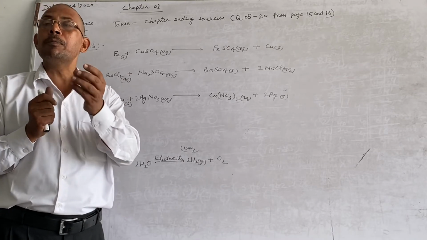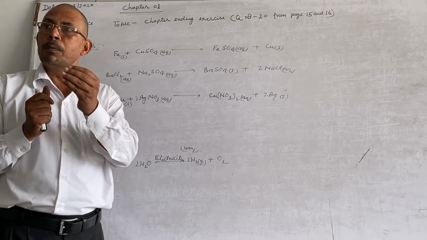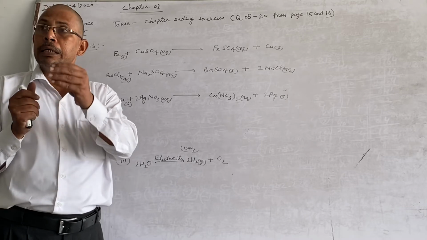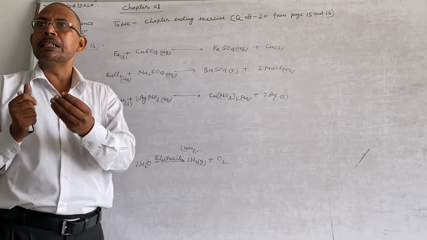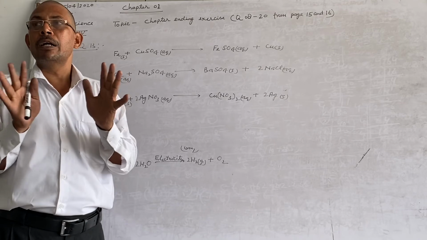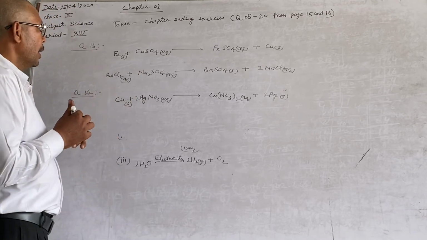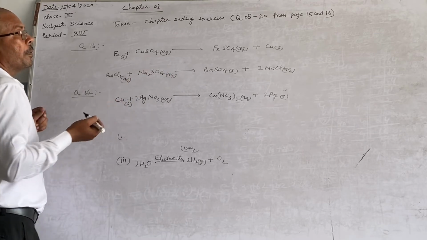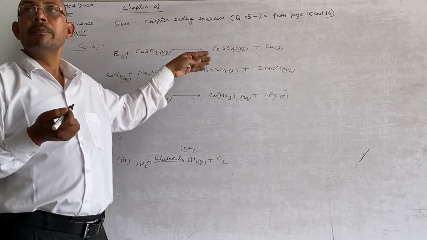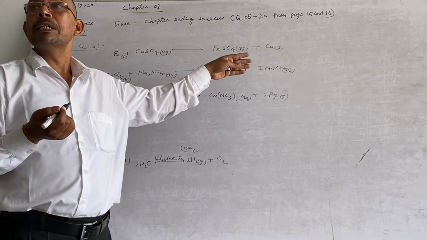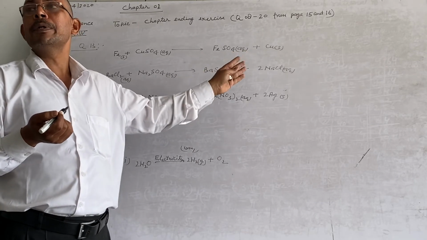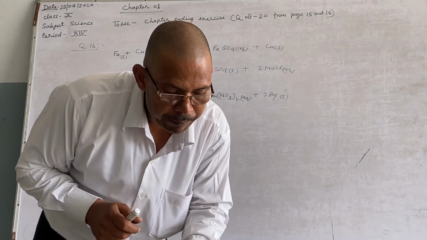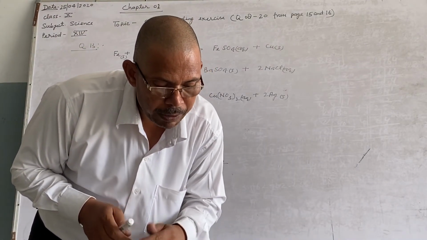That is, out of the products formed, one product becomes insoluble, and then it gets precipitated. Here I have given some examples in the case of double displacement reactions. For precipitation reactions, you can consult my previous lecture. And the next thing, question number 16.